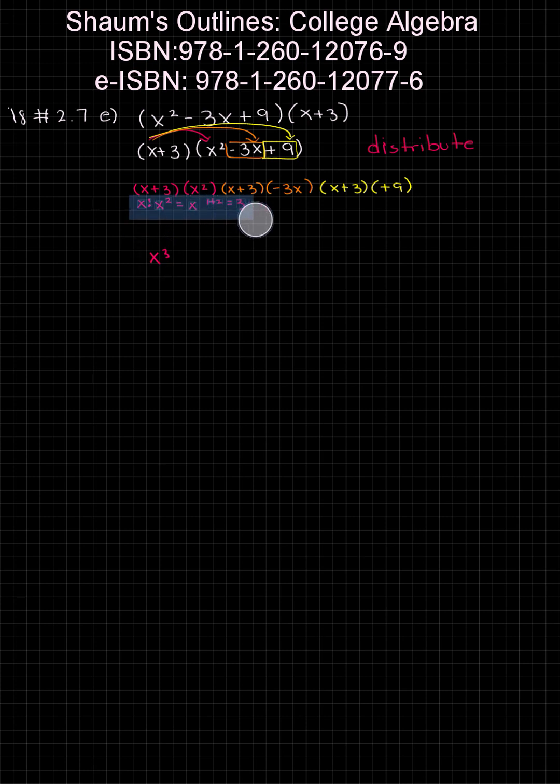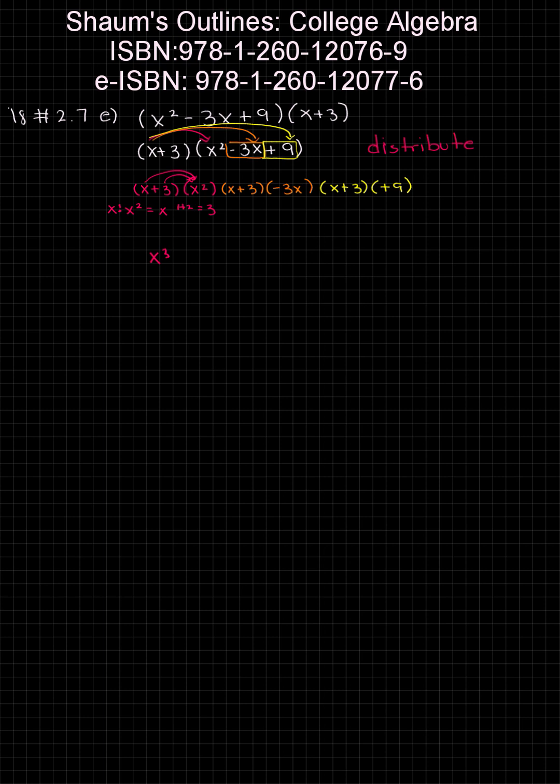I'm going to move these guys over so they're not in our way. And then I have 3. So I had x times x squared. Now I have 3 times x squared. The cool thing about doing numbers and letters is that when you multiply them together, you're just mashing them together.